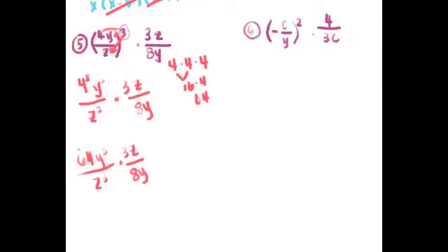Let's combine everything. So if we combine everything that we have so far, we have 64 times 3. So what would that be? We would have 2, carry the 1, 18, so 192. Y to the third z, and I have my 8y. I'm going to line them all up, z to the third.